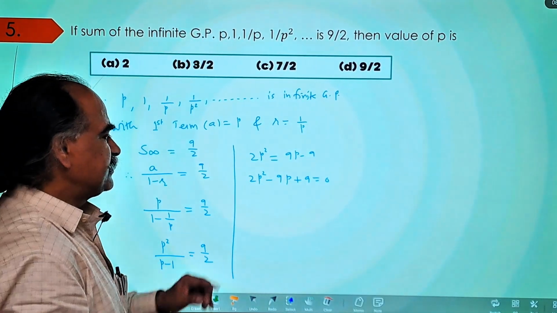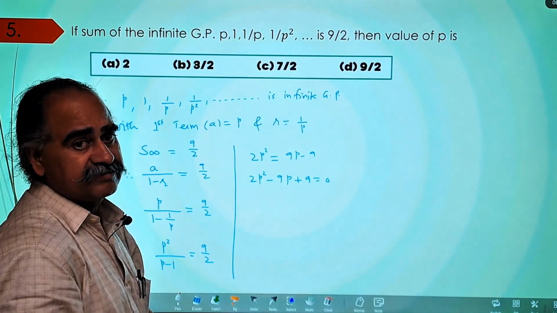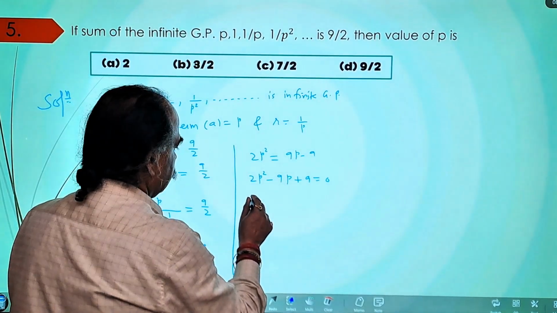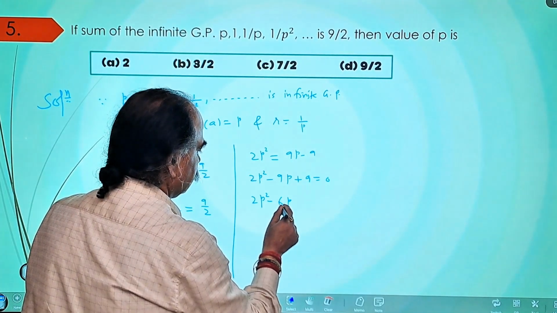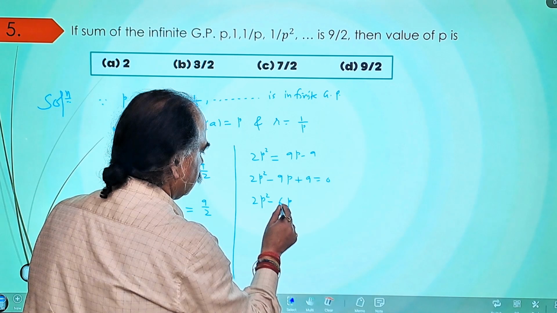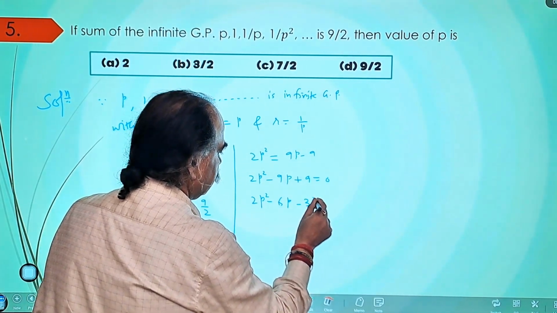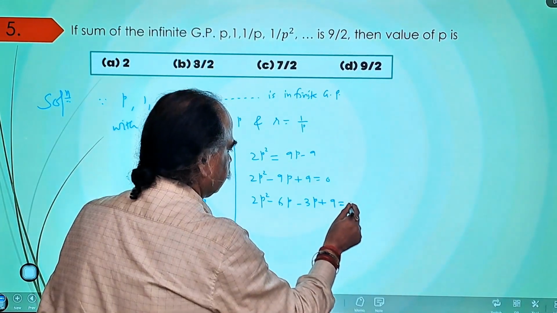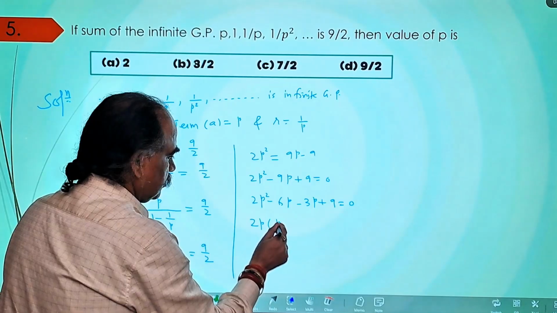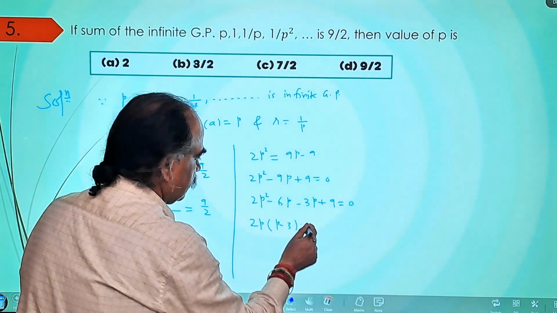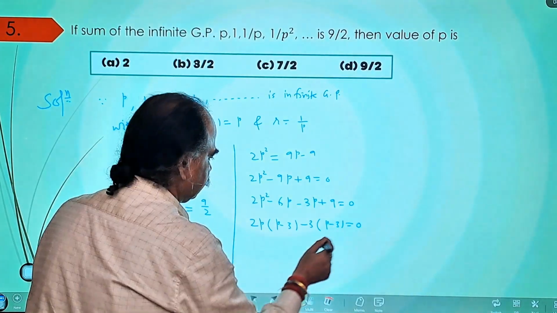Now factorize 18 in such a way so that after subtraction and addition you must get 9. 6 and 3 are 18. So 2p square minus 6p minus 3p plus 9 is equal to 0. Take 2p common, so p minus 3, minus 3 common, p minus 3 is equal to 0.